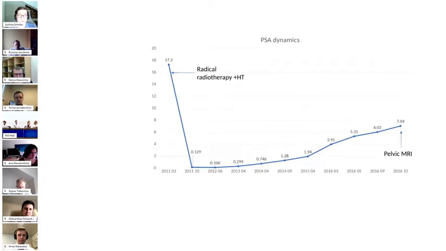After the treatment, there was a decrease of PSA. However, PSA started to climb, and a pelvic MRI was performed in 2016. Do we have these images? No, these images we don't have. Okay.